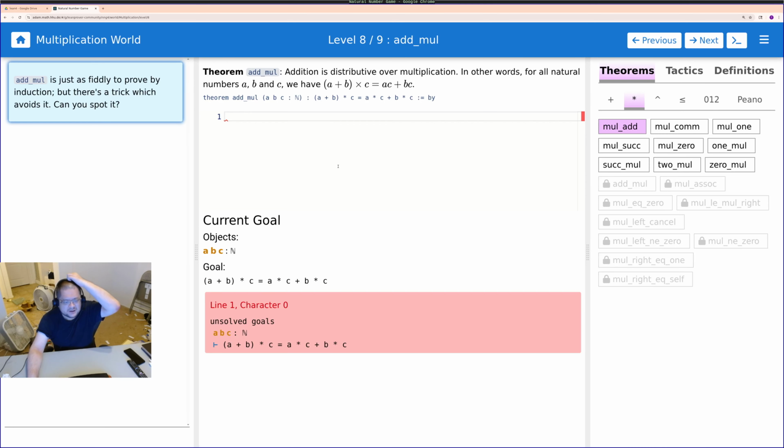Add multiplication. Did we just do this? We just multiply add.